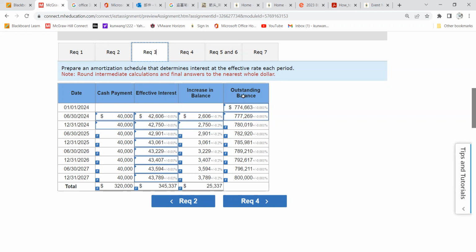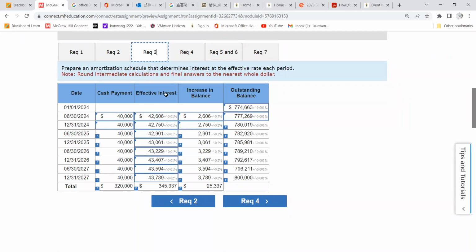So outstanding balance means the bonds payable, the face value with adjustment for discount, that's shown in the balance sheet. So we have this: the first balance multiplied by the market rate. Market rate is always, for every half year, 5.5. So you will have some rounding things.